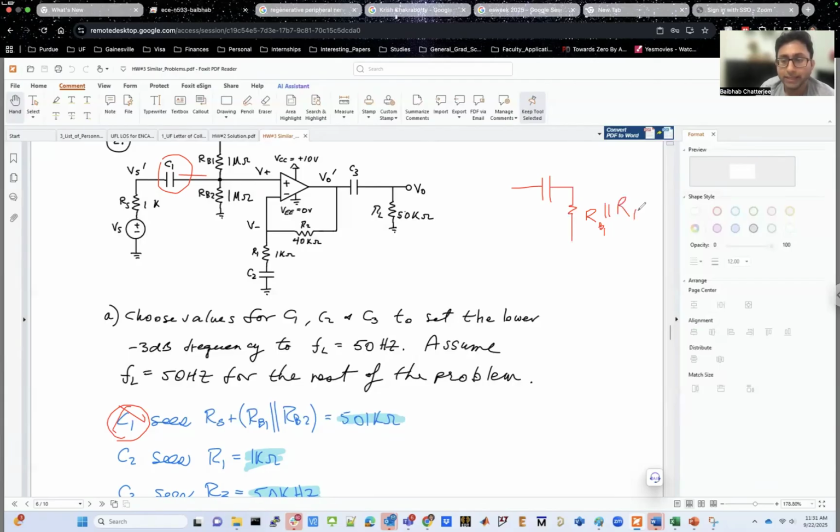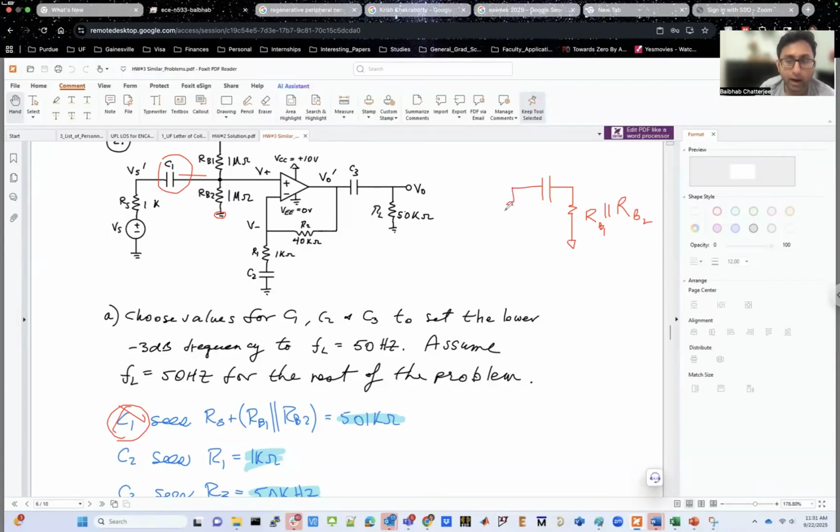Because in terms of AC, RB1 and RB2 are both in parallel, because the other terminal for both is AC ground or virtual ground. This is actual ground. The top terminal of RB1 is virtual ground, because any VCC is virtual ground. So RB1 in parallel with RB2, that's what you have on the right side.